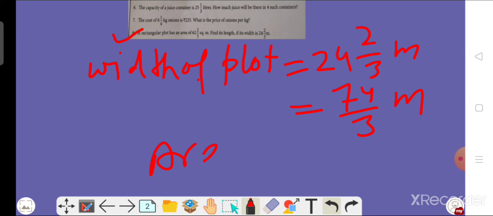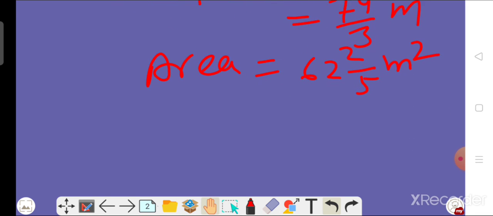And also we have the area, and the area is equal to 62 raised 2 by 5 meter square. If we solve this mixed fraction, this will become equal to 312 by 5 meter square.